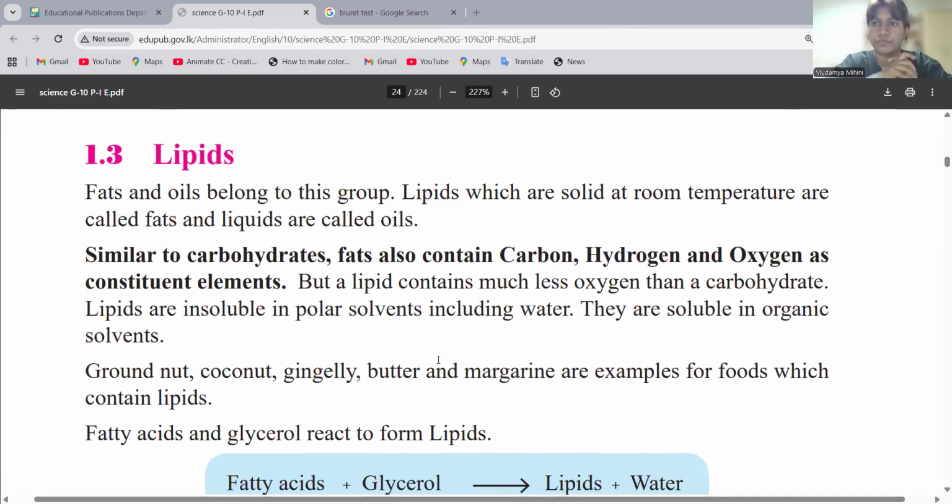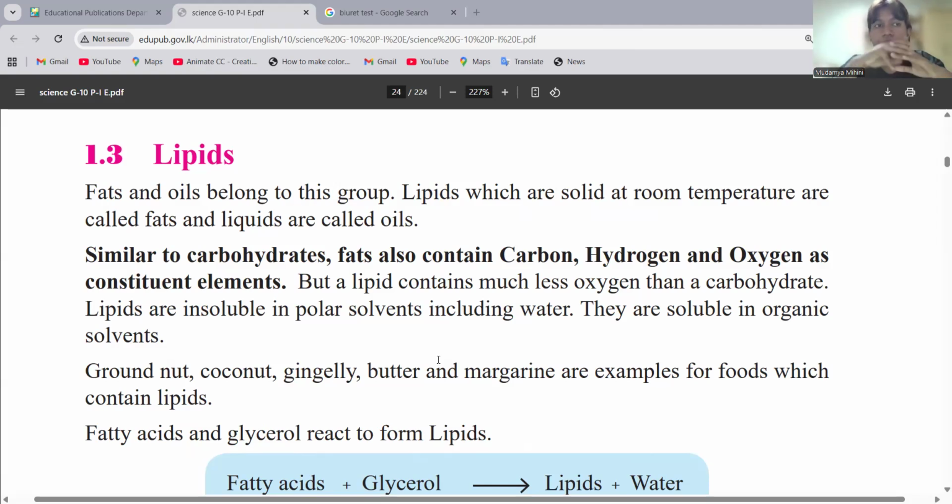Okay, guys. So what do you think when we hear the name lipids? We use it daily in daily life, right? Usually in our kitchen, like oils. We put oils into it, right?